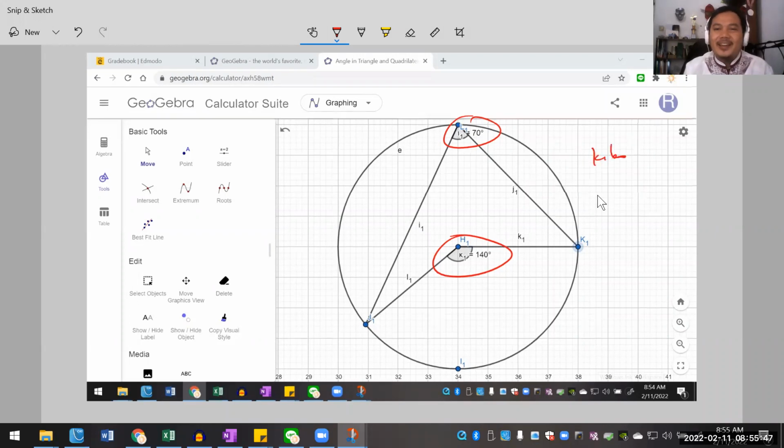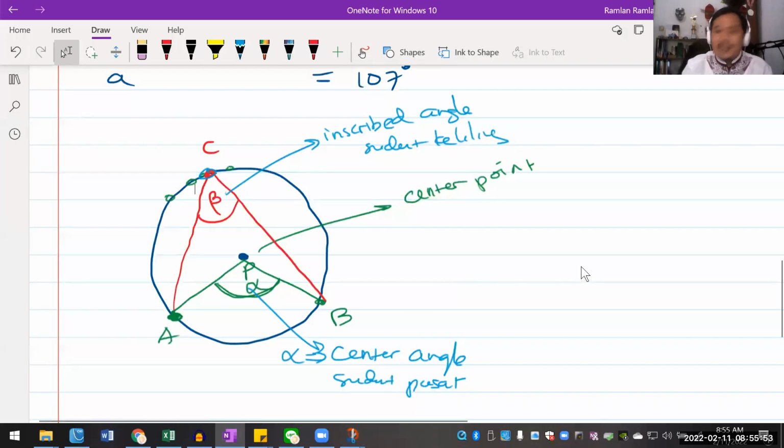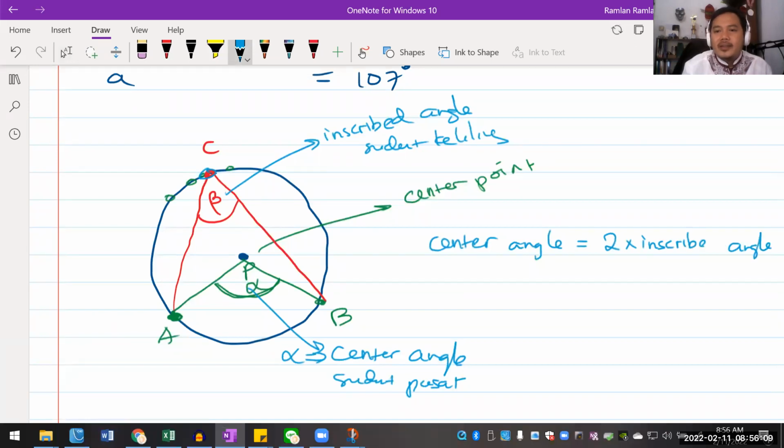Great. You can see the pattern, right guys? So we can say that the center angle is equal to 2 times the inscribed angle. This one will always be bigger than this one, exactly 2 times bigger.